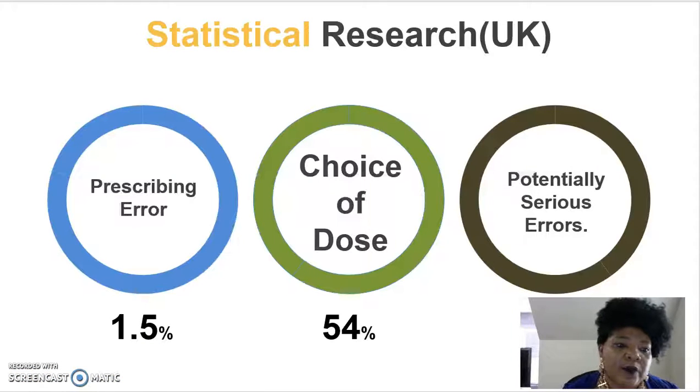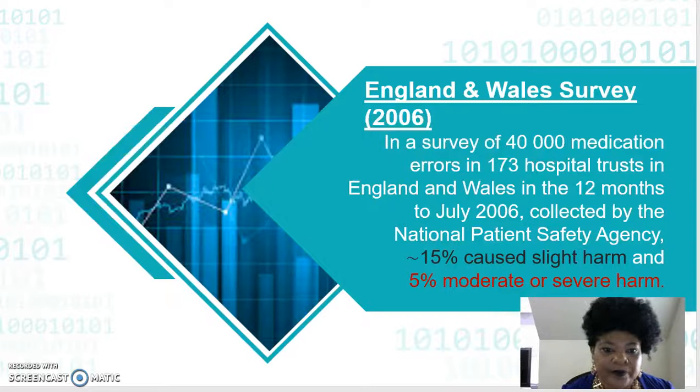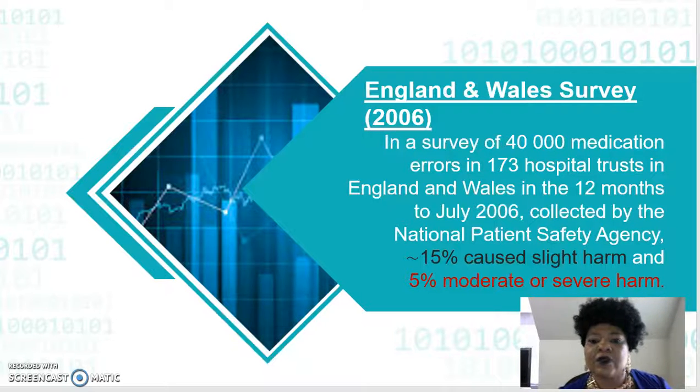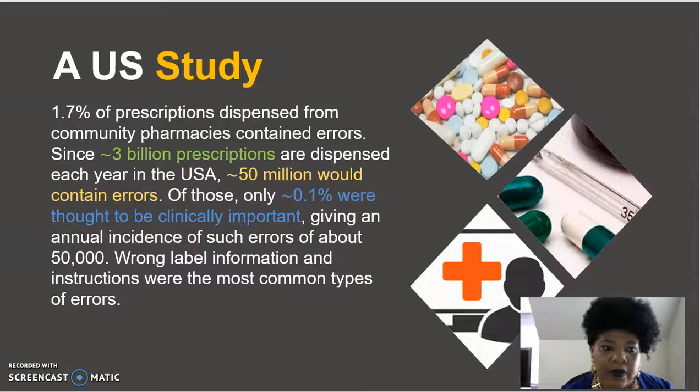In the UK, prescription error was caused by 1.5%, choice of drugs errors 54%, potential error 0.4. And also, among the 40,000 medication errors in 173 hospitals in Wales in a 6-month survey, 15% caused slight harm and 5% caused moderate and severe harm.